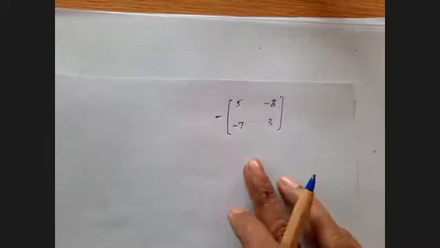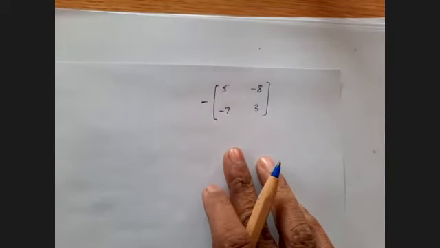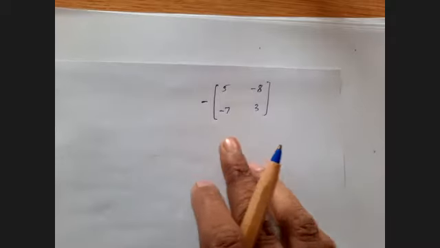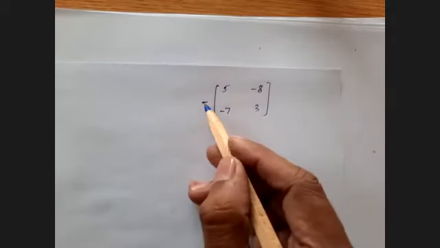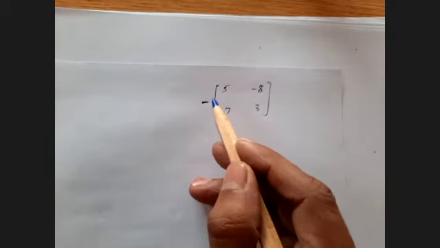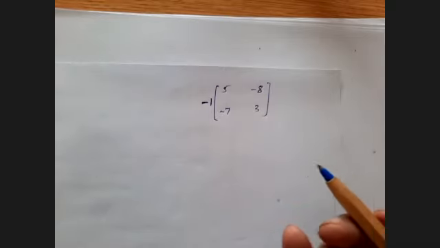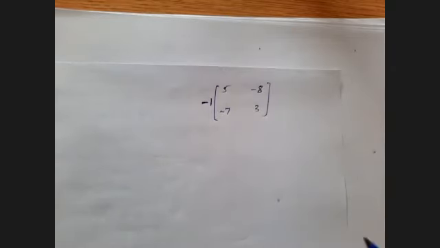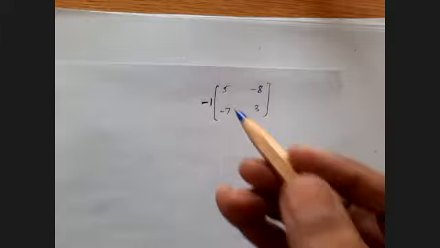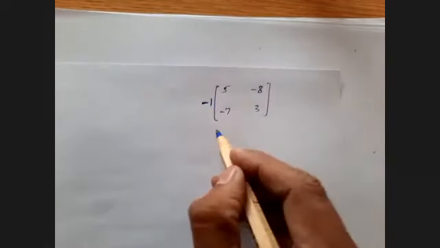As I told you earlier, in matrix multiplication, if this negative sign is outside the bracket, then this negative sign means minus 1 basically. Obviously, a lone negative sign has no meaning, so it means negative one, so this negative one will be multiplied within the bracket.